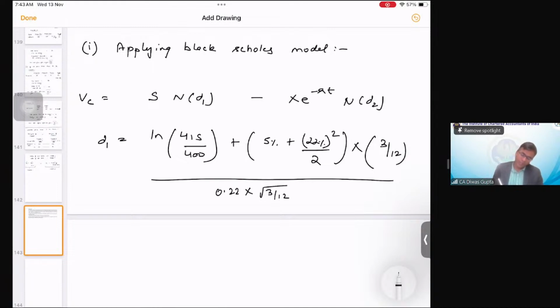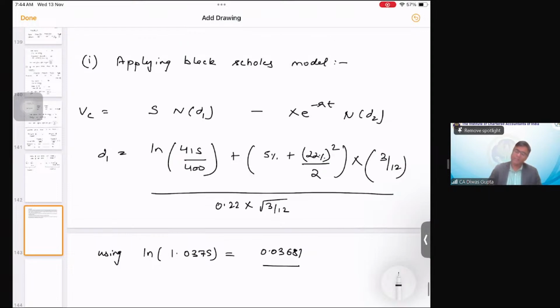So using natural log of 1.0375 is equal to 0.03681, which is given as a part of the question.